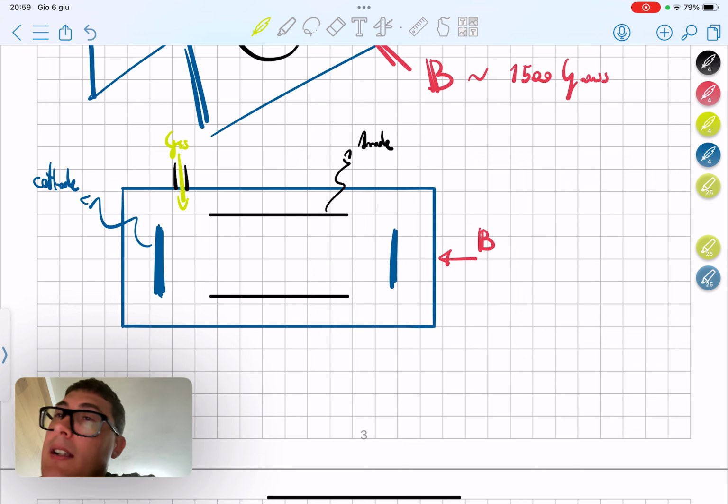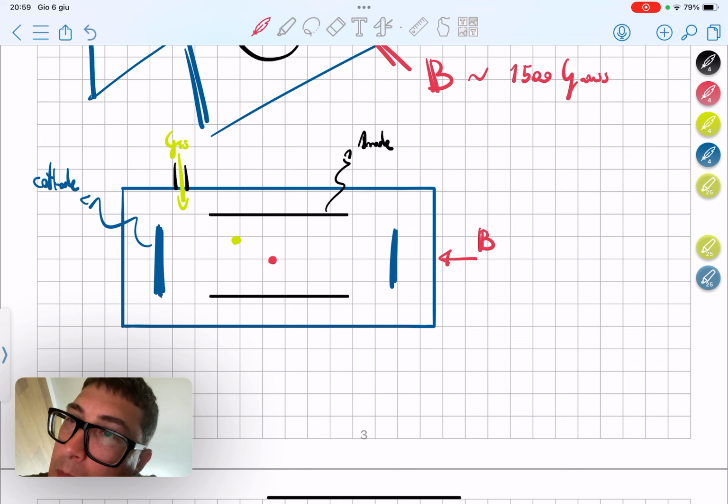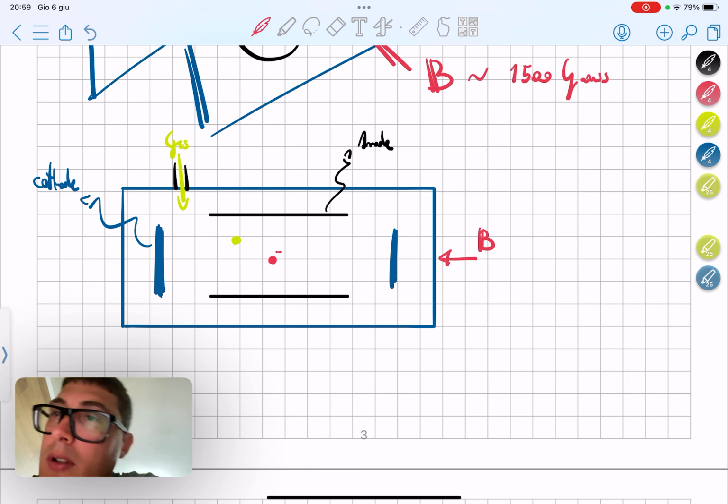As it comes inside, we will have neutral atoms, maybe some ions, maybe free electrons.